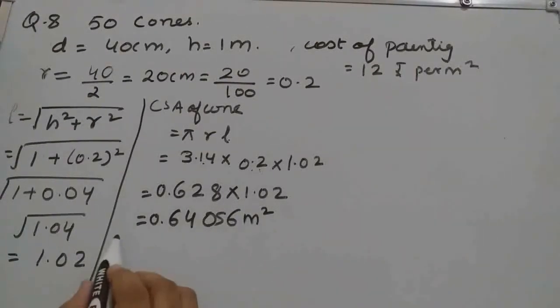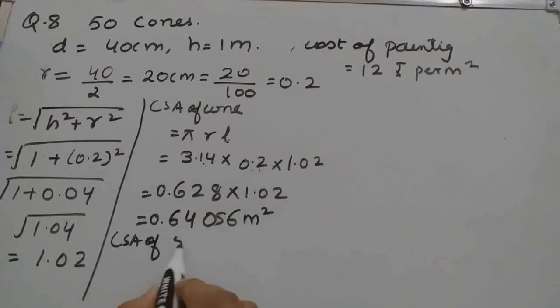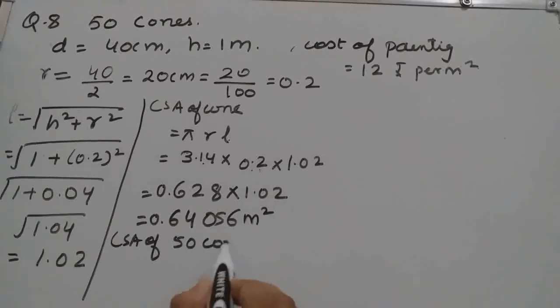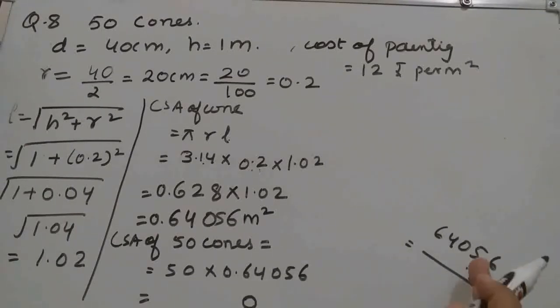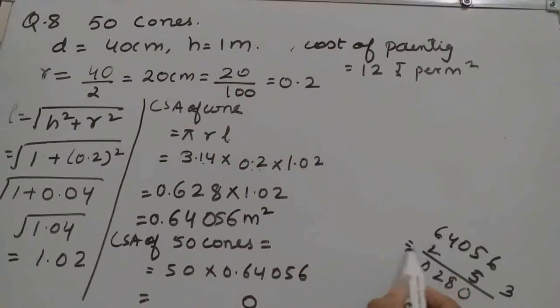Such 50 cones we require. So CSA of 50 cones is 50 into 0.64056. So 64056, from 5 we can multiply, 0 will come as it is. 5 6 are 30, 28, 32.